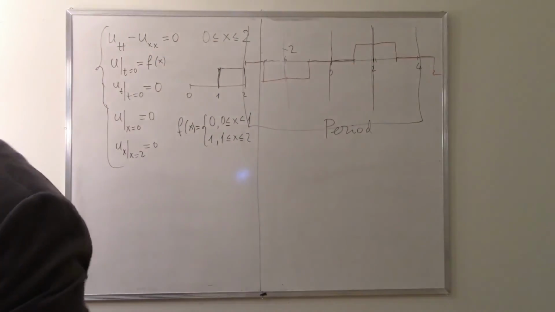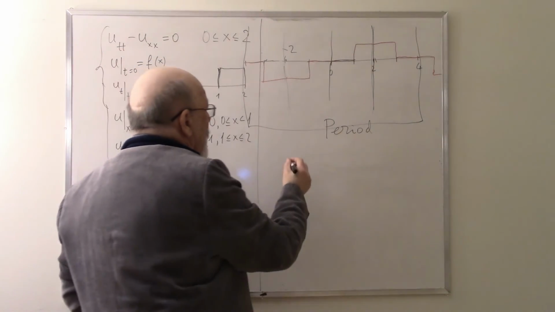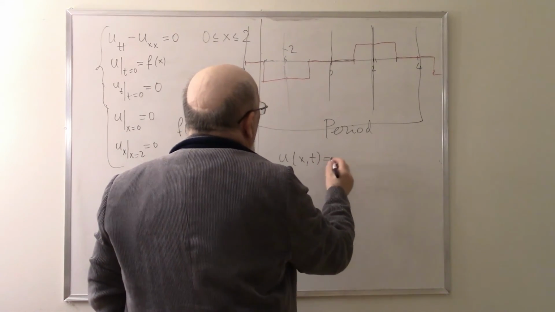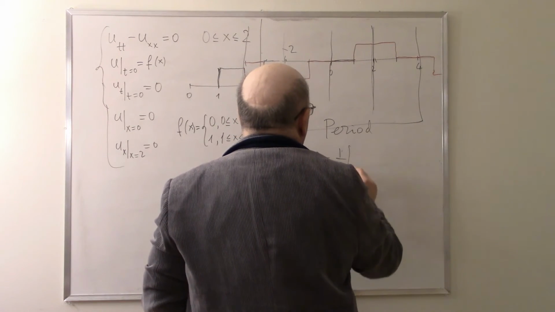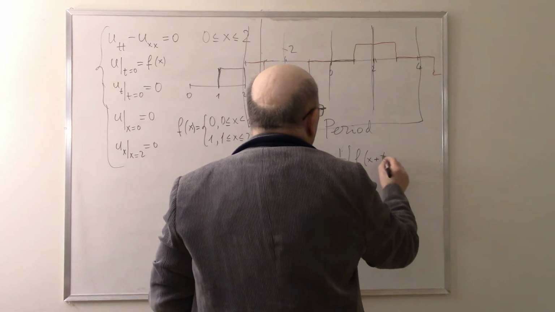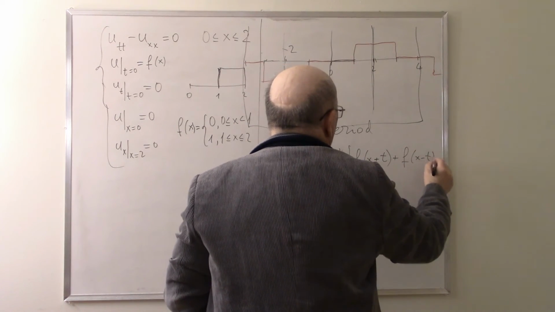Okay, anyway, so this is the function f of x already continued on the whole line. Let me stay with this function, and then the solution is u of x, t equals 1/2 (f of x plus t plus f of x minus t).